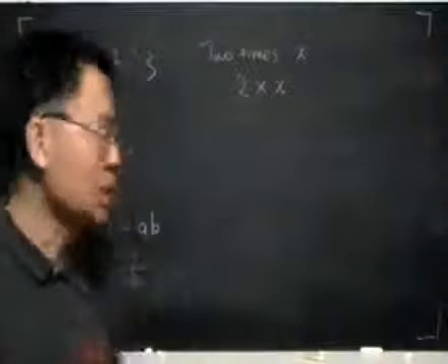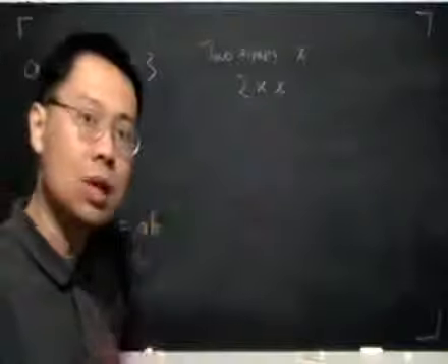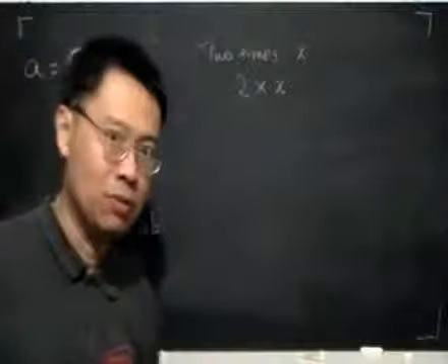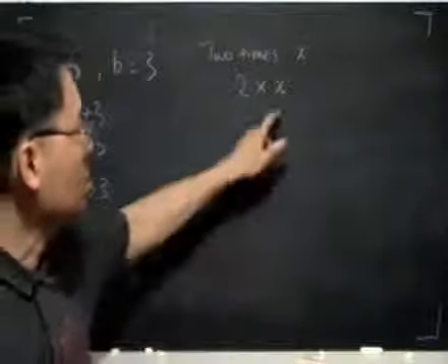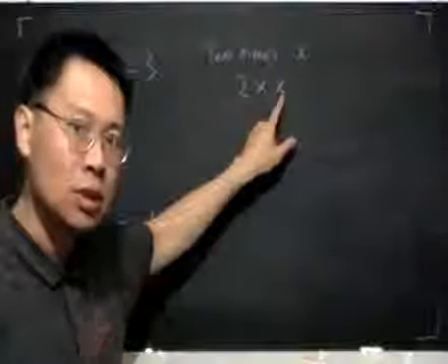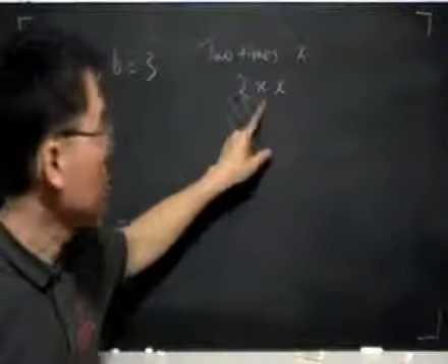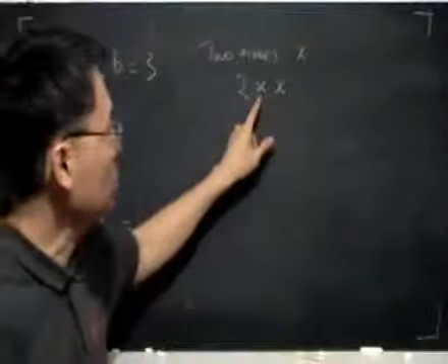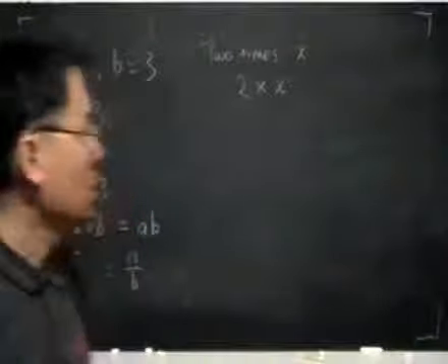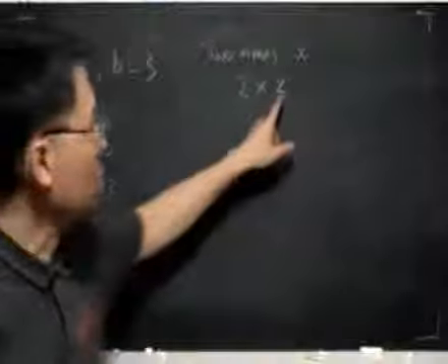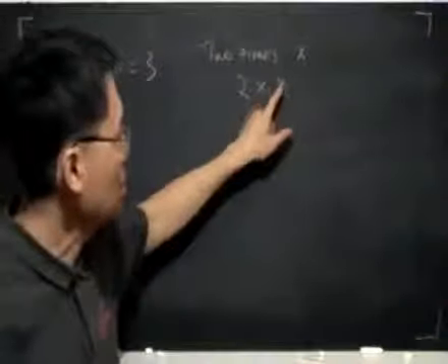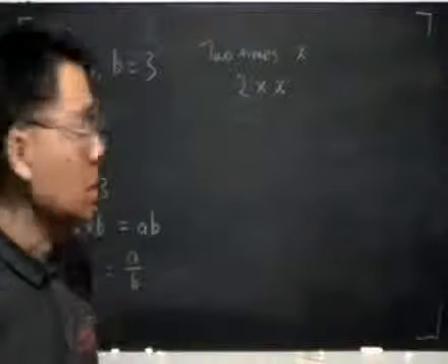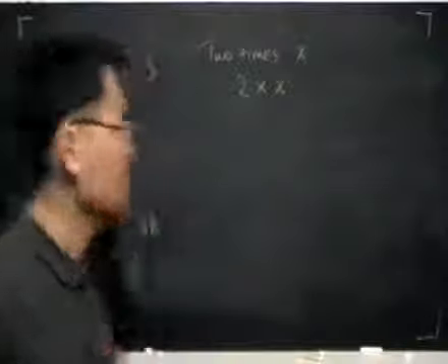Now one point to note is that in algebra, we often use x to represent a number. The trouble with using x is that it looks quite similar to times. 2 times x, and it's quite easy to confuse the times with the x. So for me personally, I prefer to write the x in a curly form, like that, instead of a cross, just to make them look different.